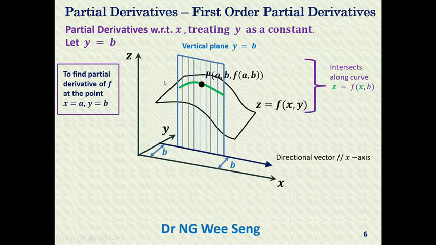And this vertical plane will intersect the surface along a curve, which is the green curve. And on this curve, because y equals to b is a constant, the equation of the curve is now given by z equals to f(x,b). So you notice that this is actually a function in one unknown, z versus x, because y is now a constant b.